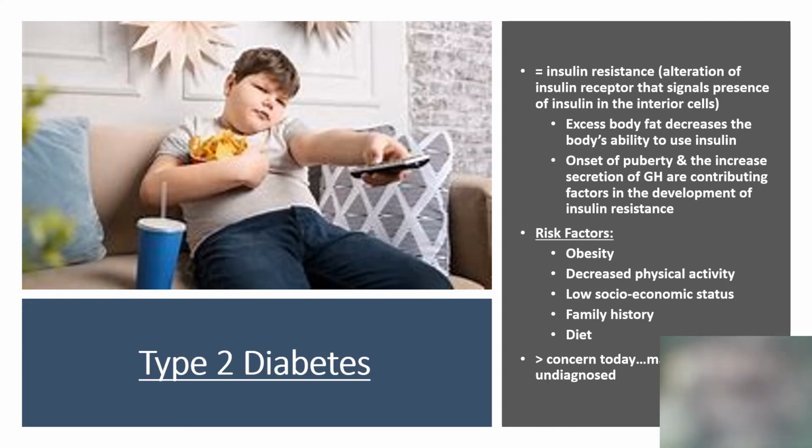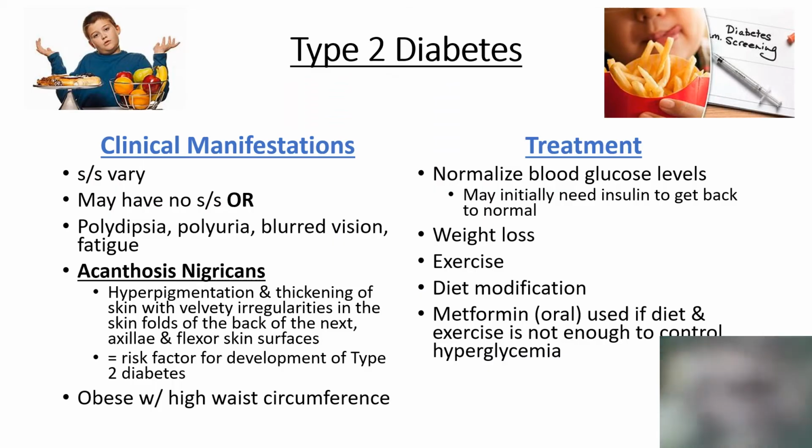And if you add into it the presence of obesity, we can certainly understand how we may have more complications and more numbers of children developing type 2 diabetes. So you can see the risk factors there: obesity, decreased physical activity, low socioeconomic status, diet, and again, as I said, this is a great concern today for health.